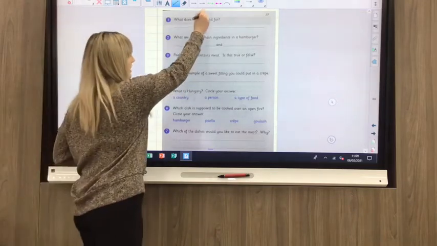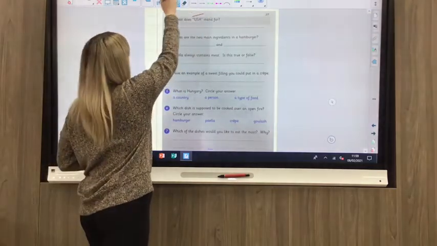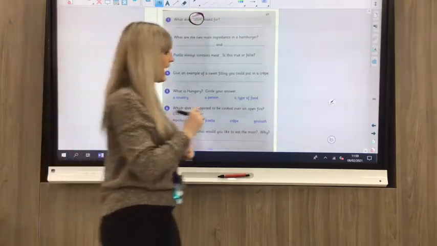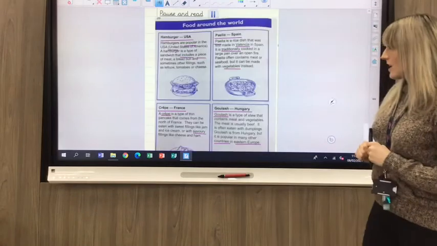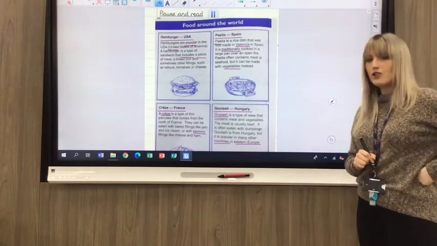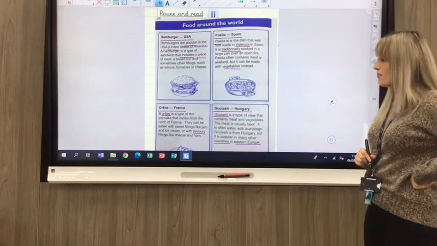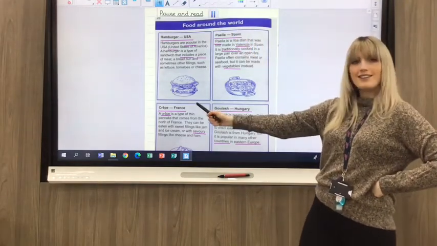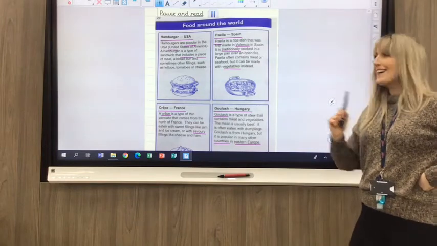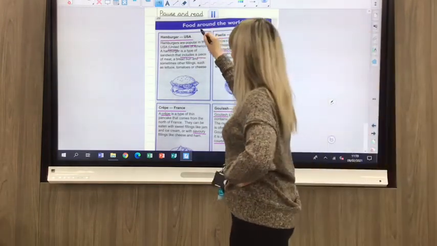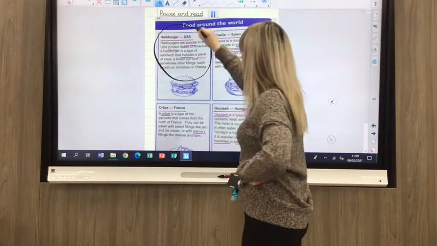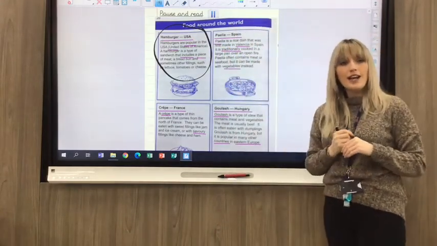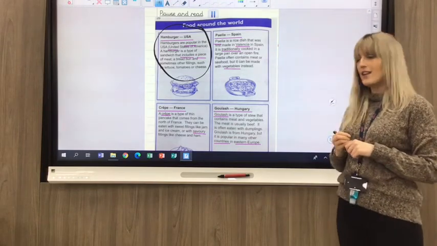Looking at the text, which section are you going to find your answer? Would it be in Spain? Would it be in France? Or Hungary? No, we know if it's a question about the USA, the answer is going to be in that section. So we'd only need to look at that section to find our answer.